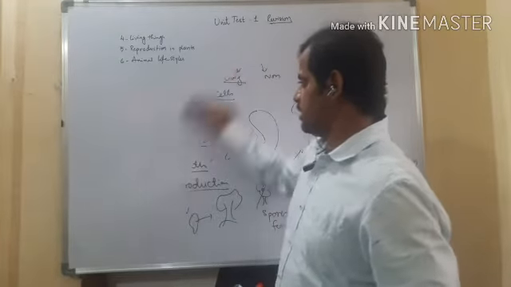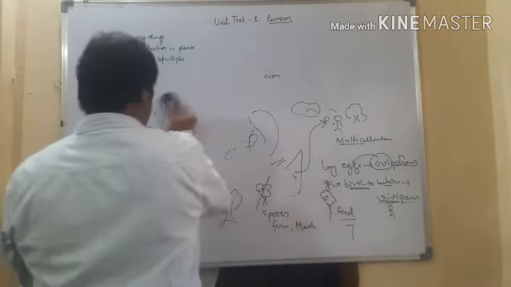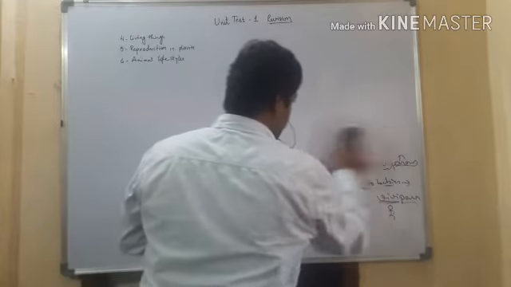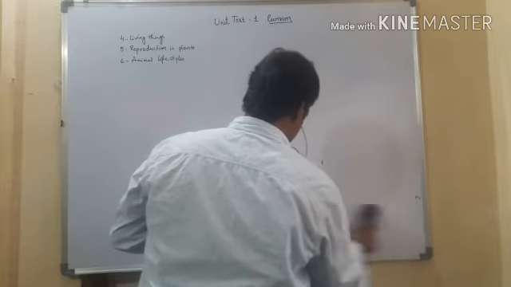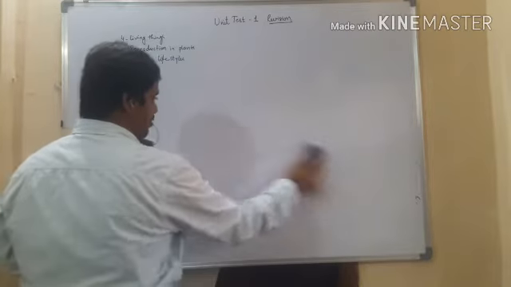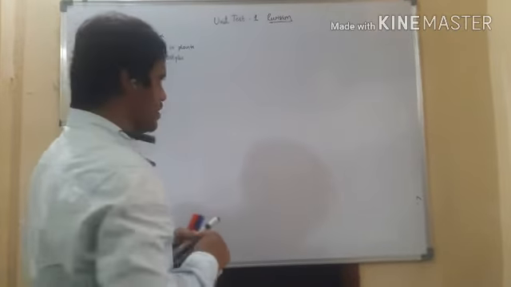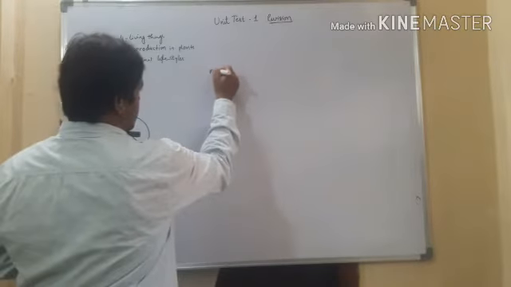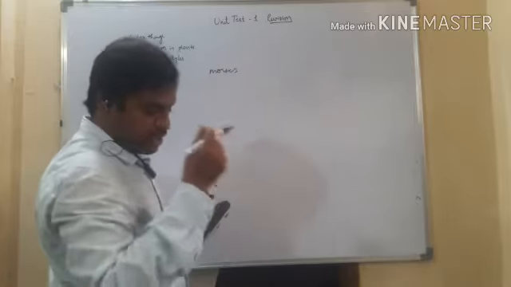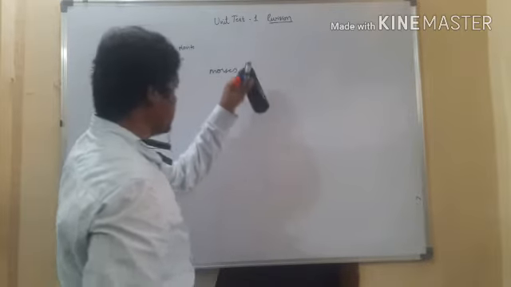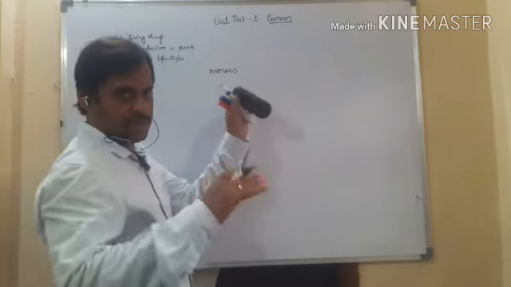Next, fifth lesson, reproduction in plants. As we discussed earlier, the mosses, mushroom and fern plants produce spores because they are non-flowering plants, right. Mosses, you can see the previous video again.